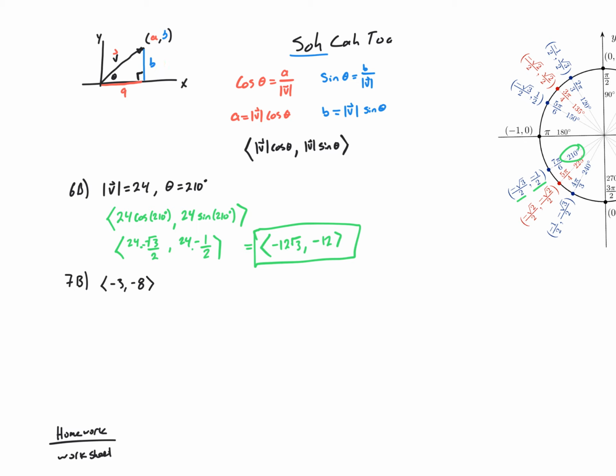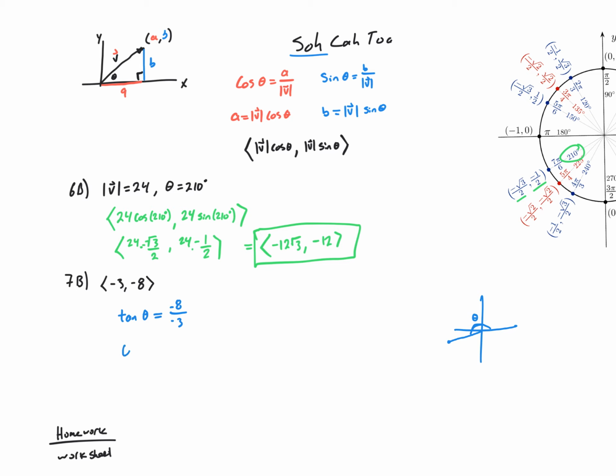So I know tangent of the theta that we're looking for is going to equal the blue, which is the negative 8, over the negative 3. Now just real quick, let's take a sketch of this. Negative 8, negative 3 is going to be over here. Right? So we're looking for this angle.